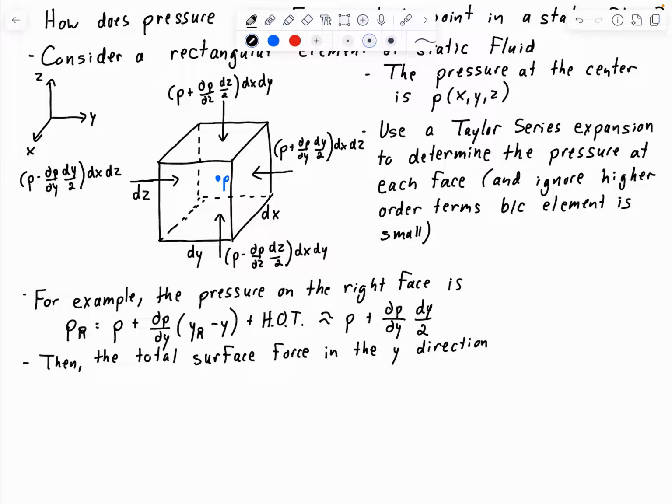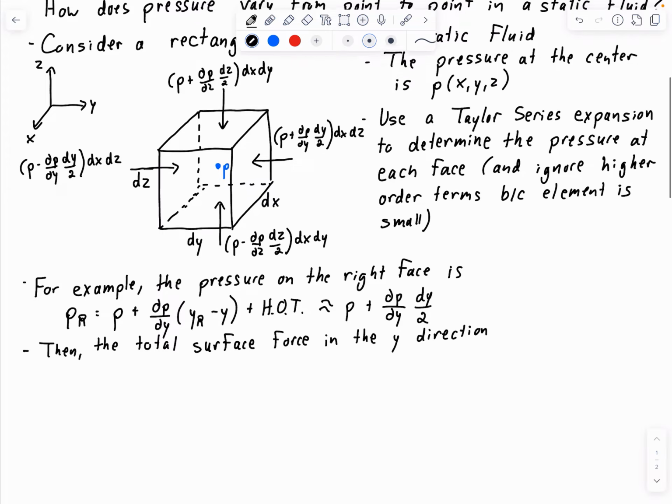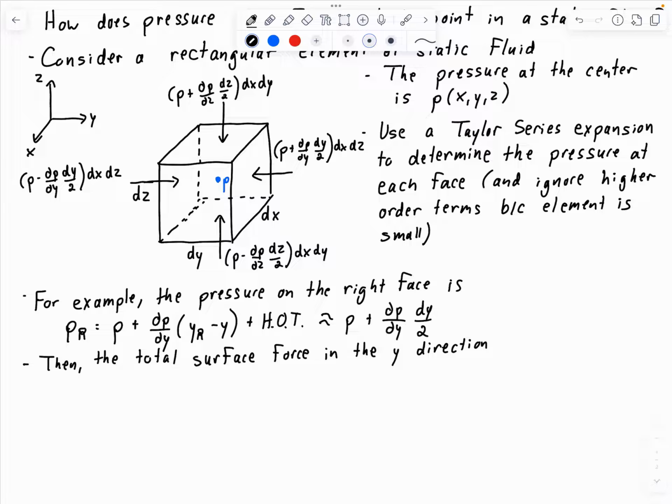We'll come back and look at body forces later. So the total surface force in the Y direction is dFy is equal to P minus del P by del Y times dy over 2 multiplied by dx times dz.